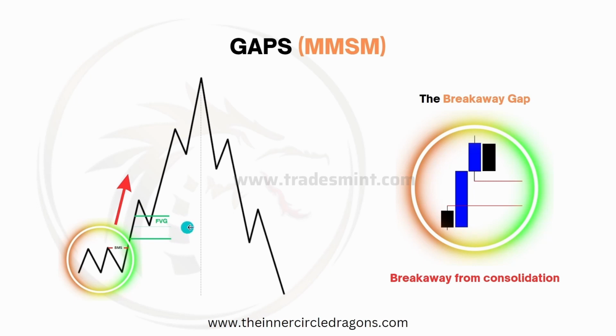This also indicates that the algorithm is in a hurry to reprice higher. After we see price break above this high, we do not anticipate price to revisit this area, and it should remain left open. So the breakaway gap is breaking away from a price range, hence the name breakaway gap.